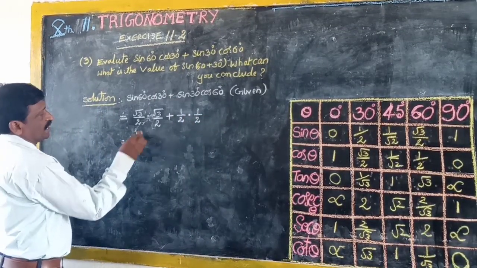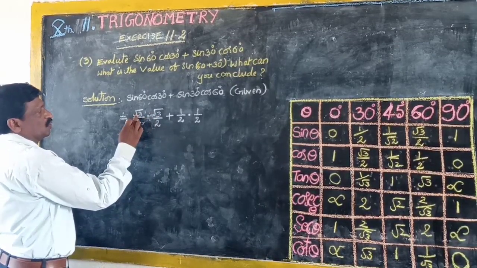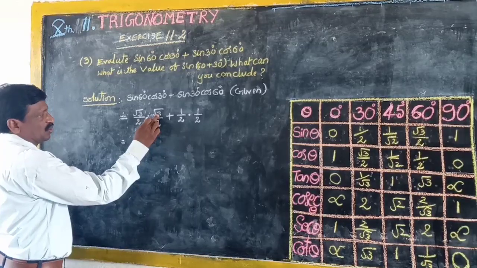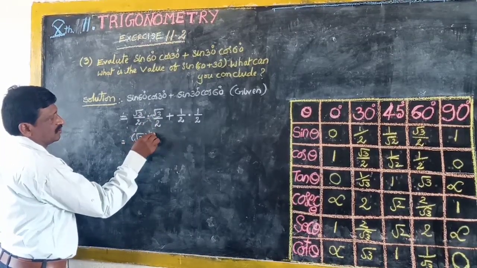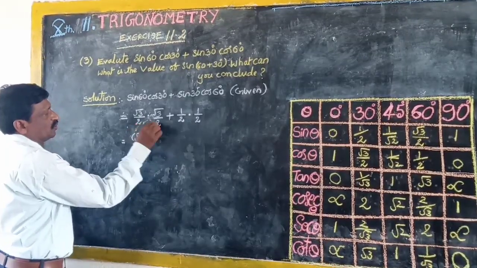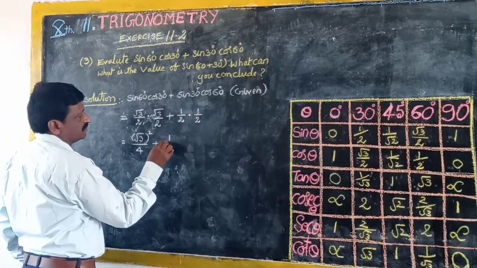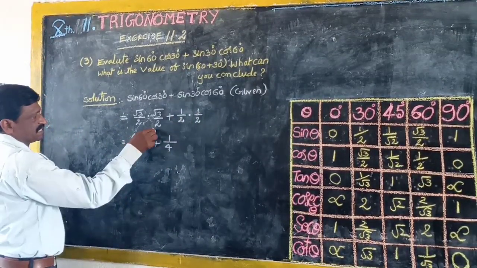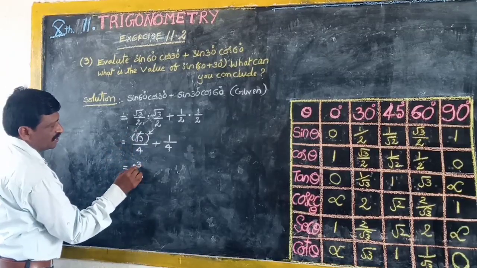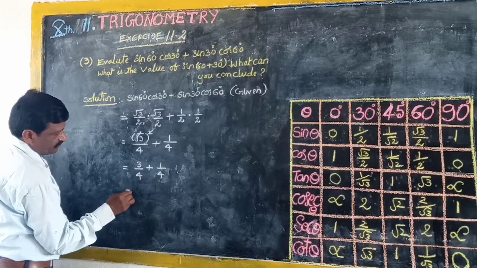So root 3 into root 3 is root 9, which is 3, and 2 into 2 is 4, plus 1 by 4.